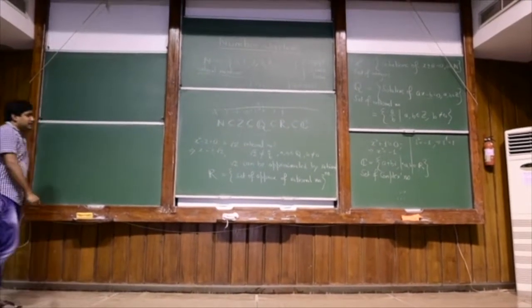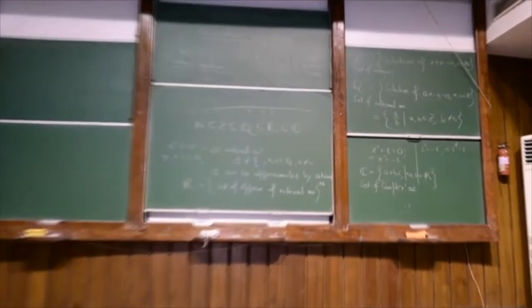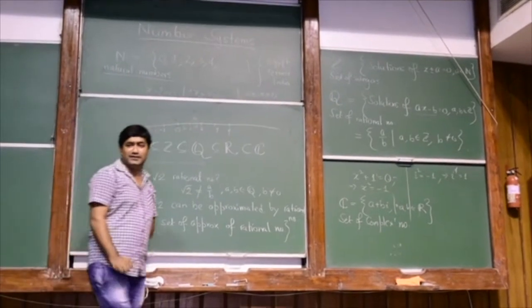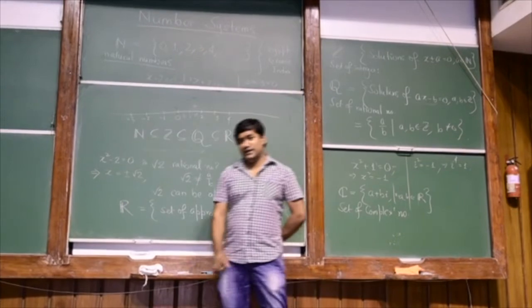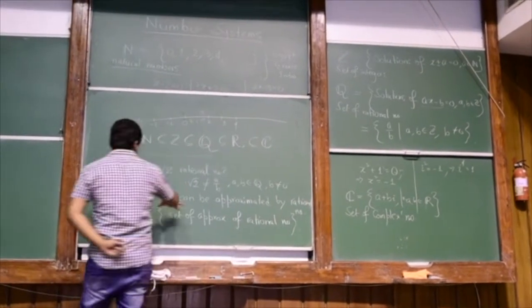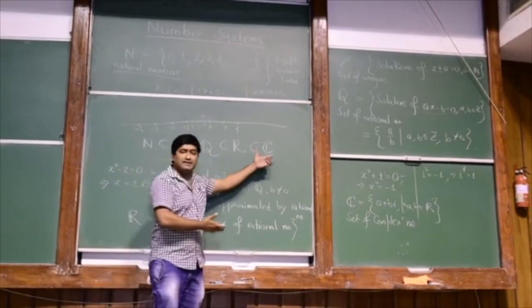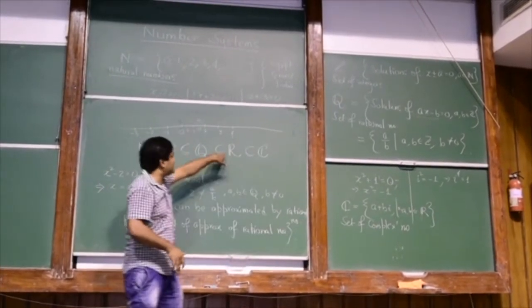So now naturally, since I am following up, the next question is, can I continue any further? Any guess? If you follow till now, what is the way I am trying to extend the sets? By finding some equation whose solution does not exist here, right?